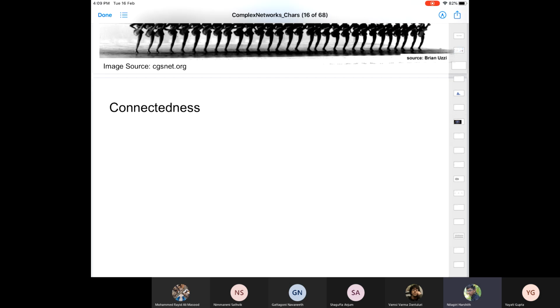How frequently nodes are connected to each other, basically. In a graph, how each and every node is connected. In what sense? Like, what is its degree?